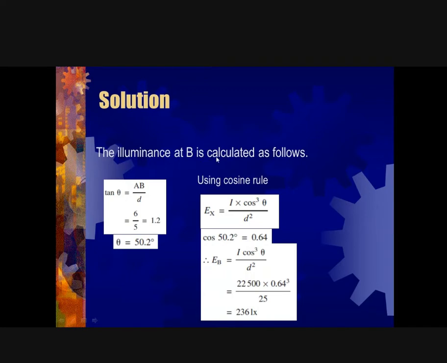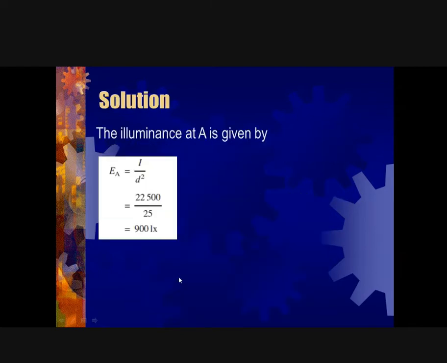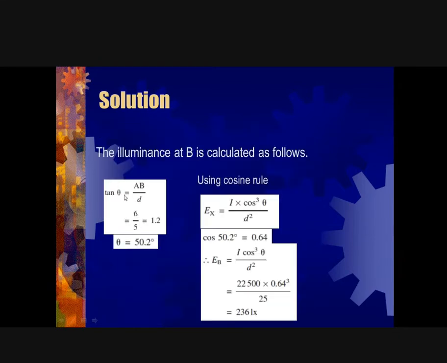For B, because the lamp is at an angle, we can use trigonometrical ratios to determine the angle here. If we have the angle, it's just a matter of using the cosine rule to find the amount of lux at this point B. So here we actually find the angle.